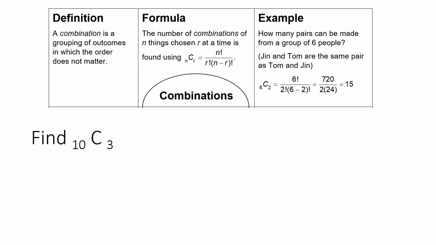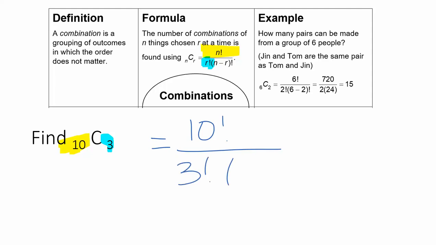So in our combinations formula, let's fill in the numbers. The formula starts with n factorial. n is the total number of objects we have, in this case 10. Then we divide that by r factorial. r is the number of items we are choosing, in this case 3, times n minus r.